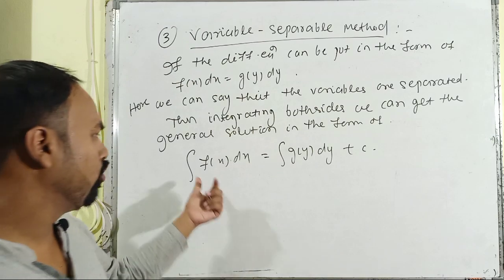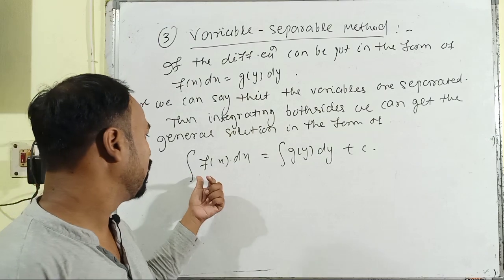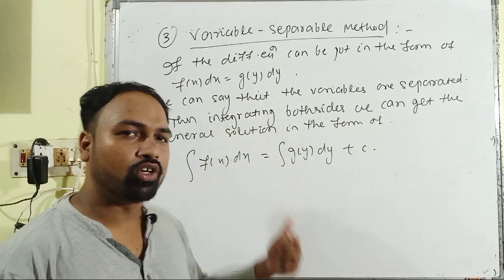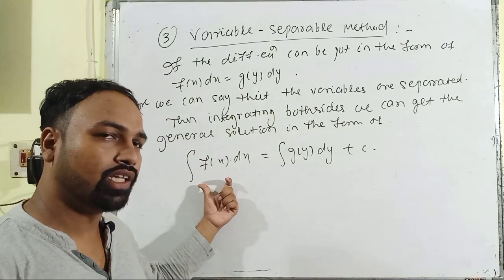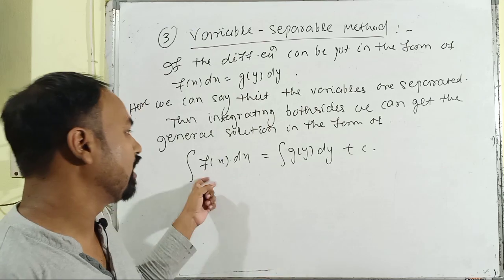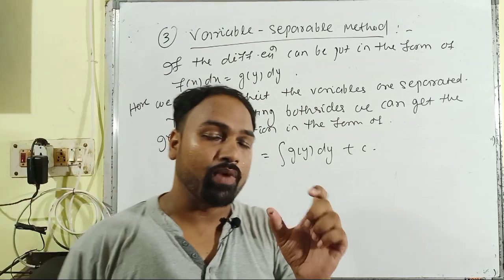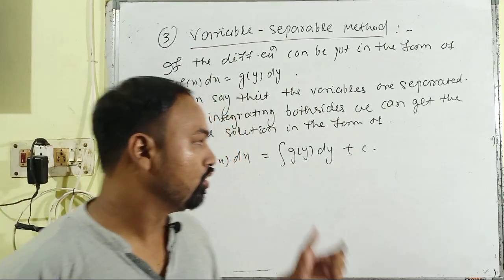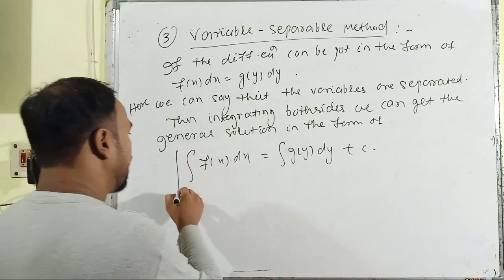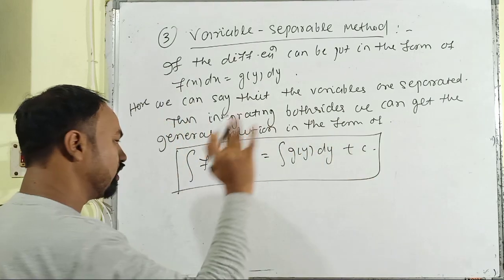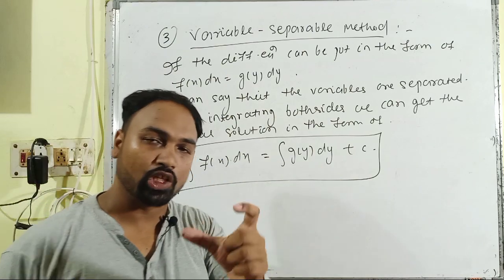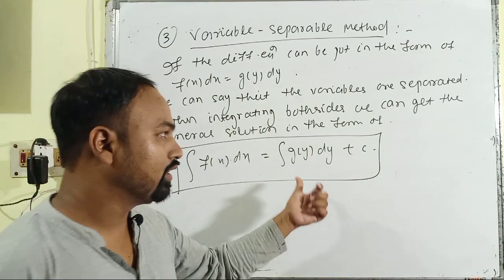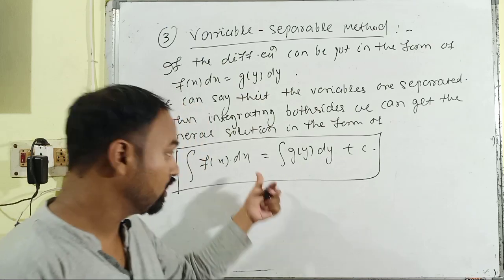In the solution of a problem there will be no integration sign, because we would have been given some functions and we can integrate them. Here in the definition there is an integration sign, but in the problem we can integrate both the f of x function and the g of y function with respect to x and with respect to y, and then find the general solution in this form.